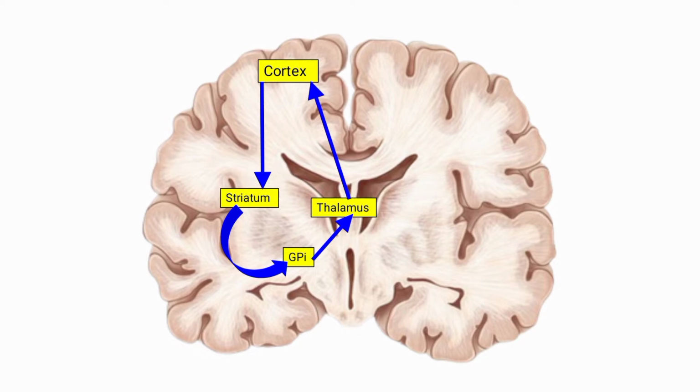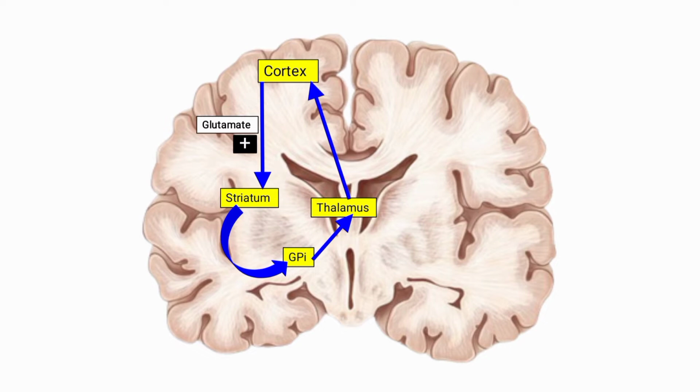Now let's get deeper and look at the mechanism of this pathway. From the cortex to the striatum, these fibers are called glutamatergic fibers. That means the neurotransmitter that these fibers release is glutamate, which is a stimulatory neurotransmitter which will activate the next neuron. That means the cortex sends a positive action potential to the striatum, which will stimulate the neurons in the striatum.